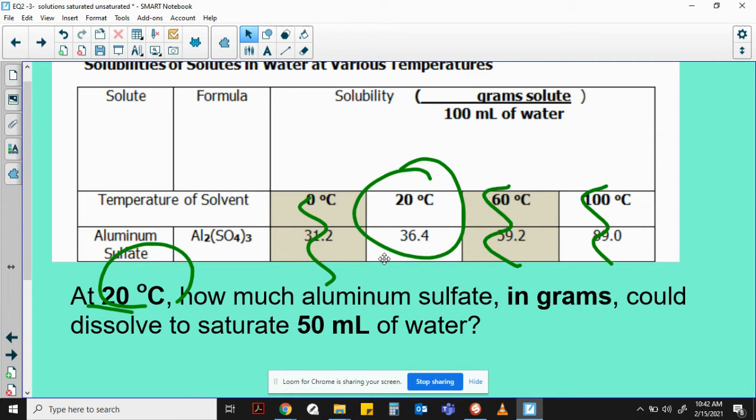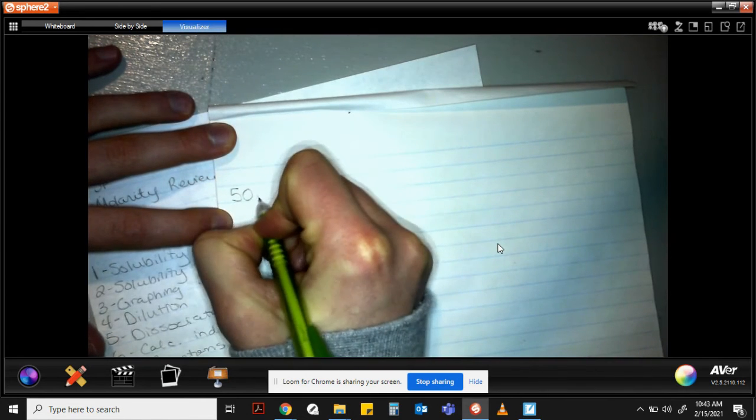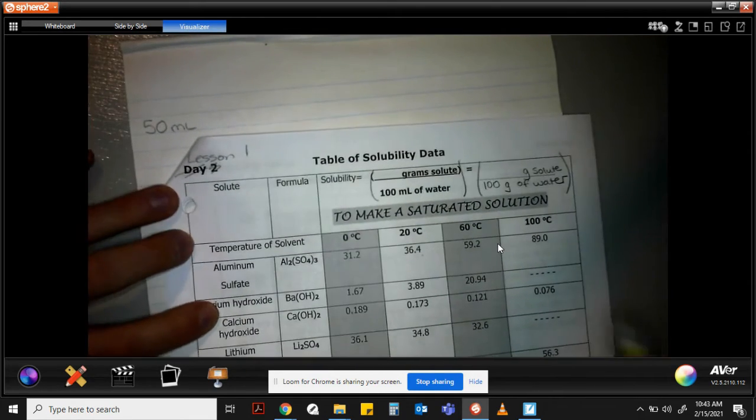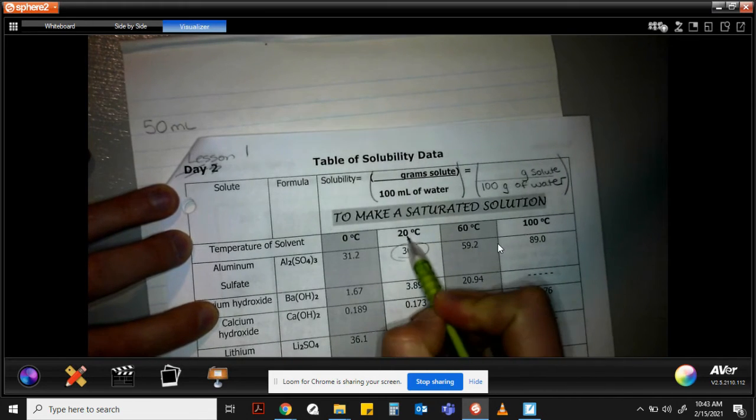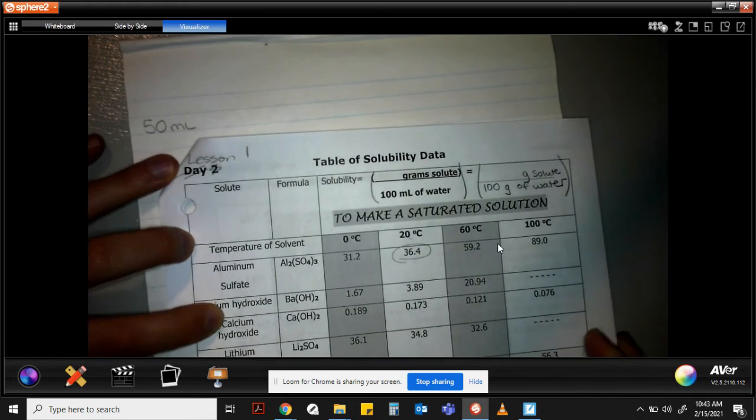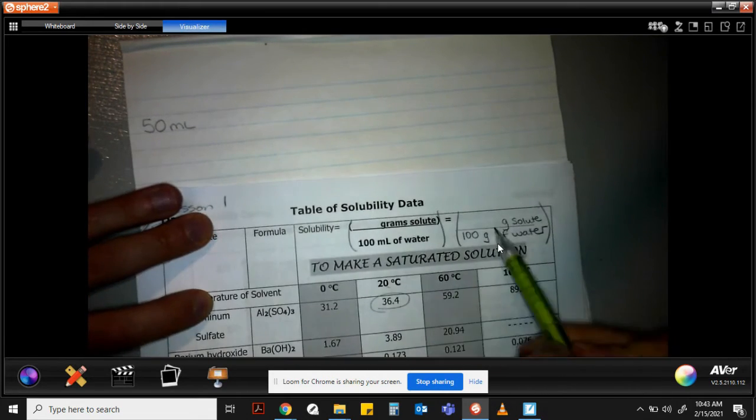And so if we look, the first thing that we need to do is write down our volume. Oops, I'm still zoomed in. Okay, so if we have 50 milliliters of water, we said that it was 36.4. It's 20 degrees Celsius here. And so what we can do is use either one of these brackets.